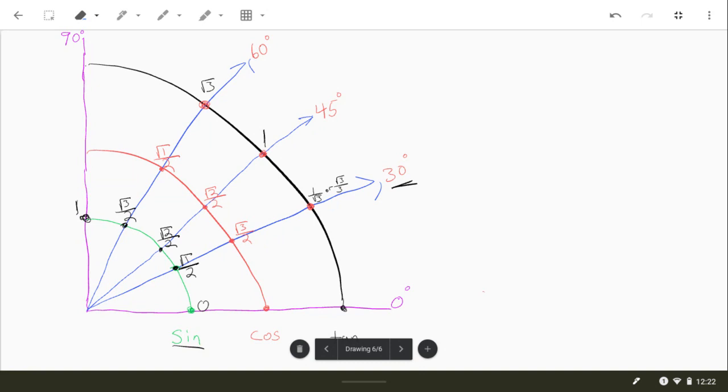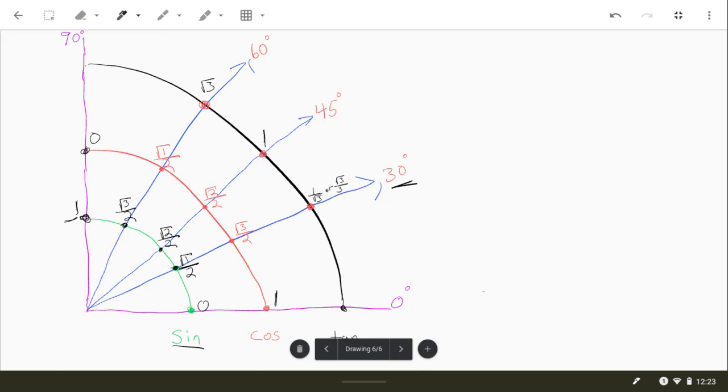So if sine of 90 degrees was equal to a 1, then cosine of 0 degrees is going to equal 1. This is like the root 4 over 2. And then if you count it the other way, you're going to get 0 for this other one up here. So the pattern continues. So root 4, root 3, root 2, root 1, and then 0.